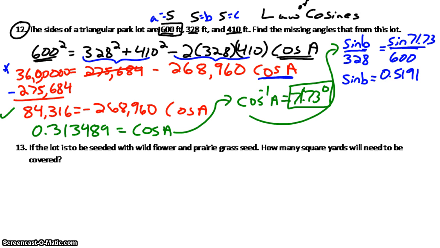Taking the inverse sine, I find out that angle B would give me a value of 31.27 degrees. Finding C, simply subtract that from 180 degrees, leaving us with the following.